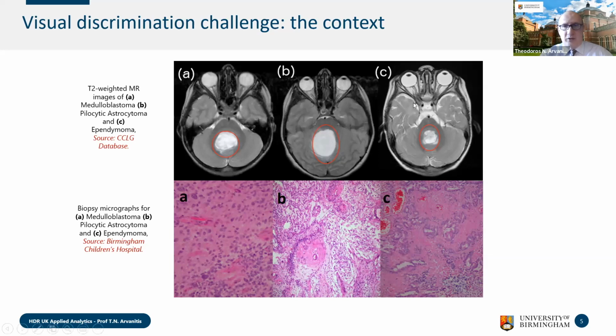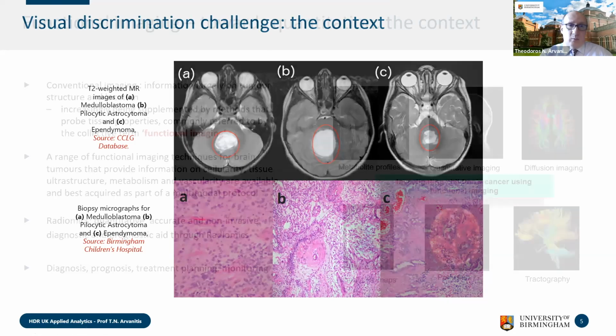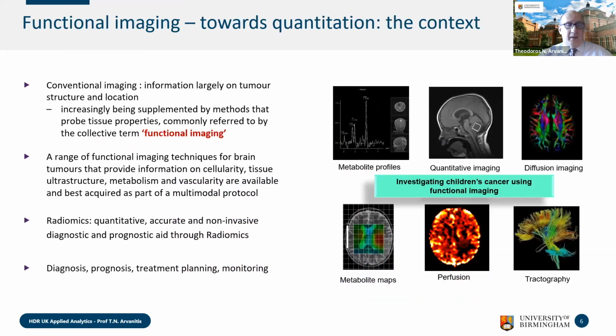But if you look at the images, it is very difficult to discriminate, except by position and structure, from a visual point of view, that these are different types of tumors. And actually, we need to do a biopsy, an invasive procedure, to be able to start discriminating these to make a definite diagnosis.